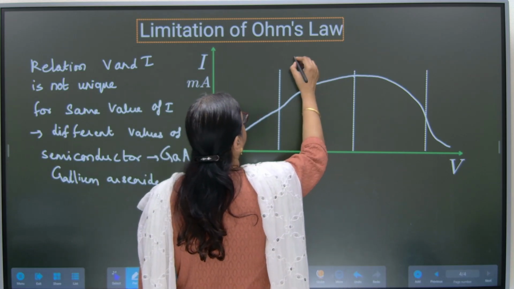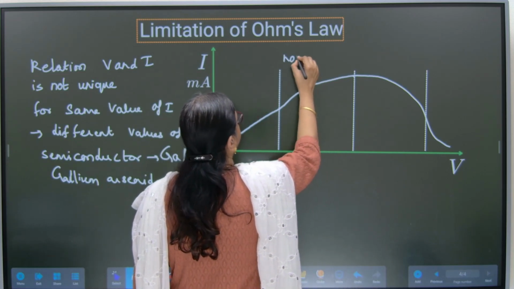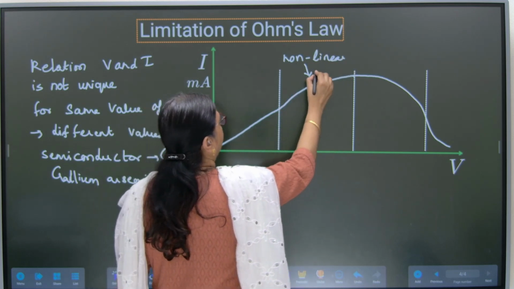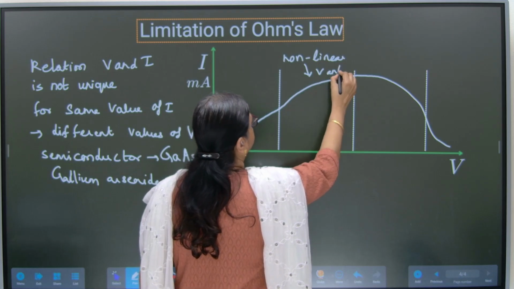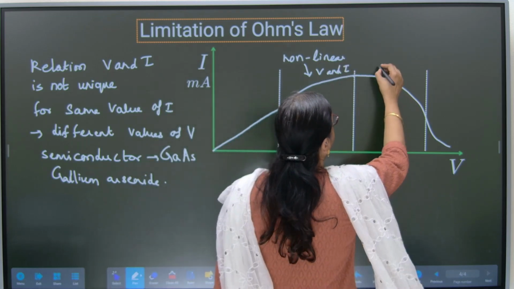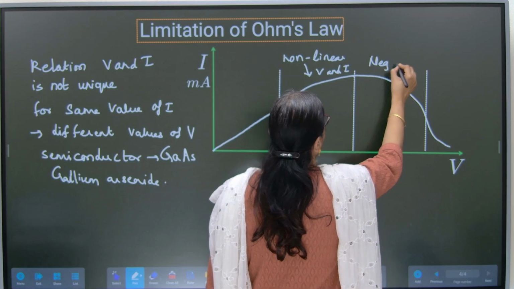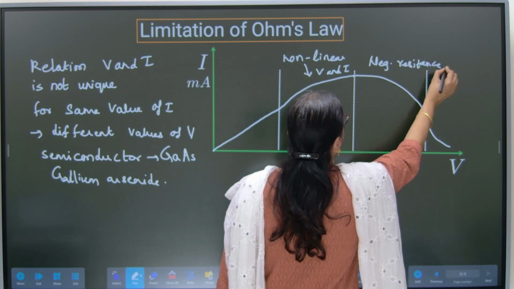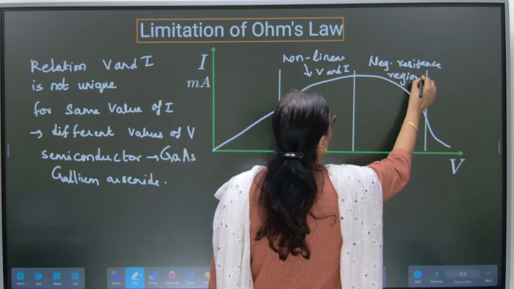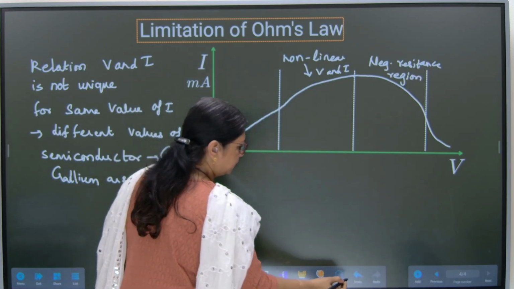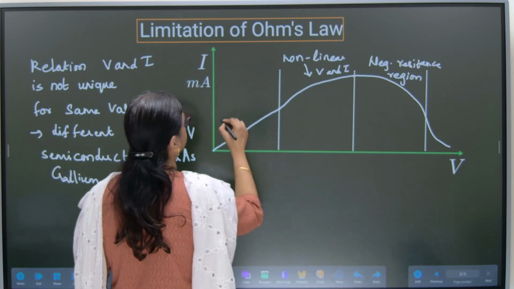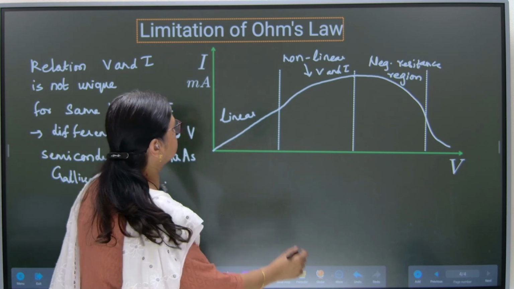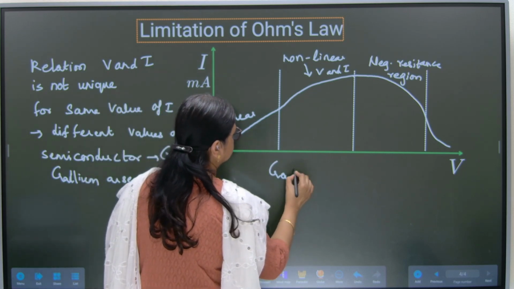This is showing the non-linear relation between V and I. This portion is showing the negative resistance region, and this portion is the linear region between V and I. This is an example of gallium arsenide.